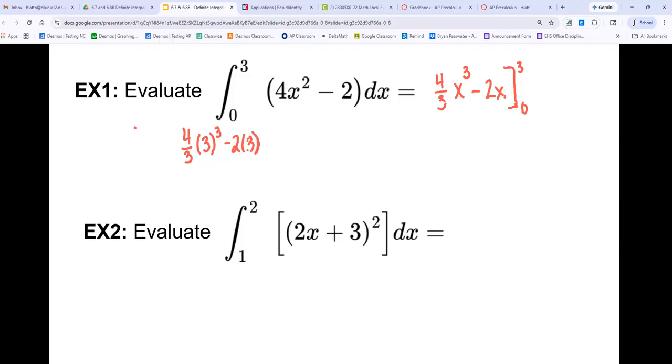And I like to put an extra set of parentheses or bracket around that first part. So that's what I get when I plug in the 3. And then I'll have minus, and then I'll have 4/3 times 0 to the third minus 2 times 0.